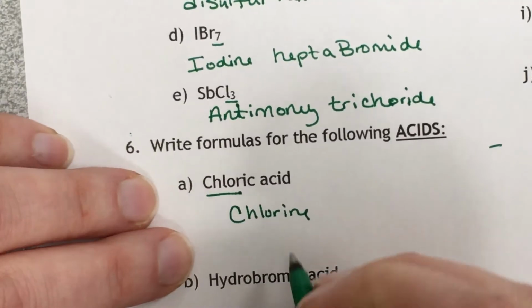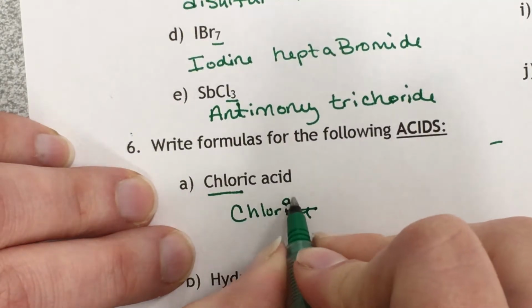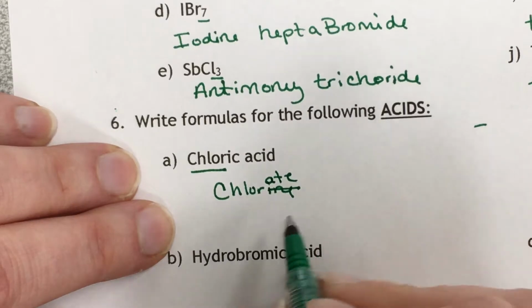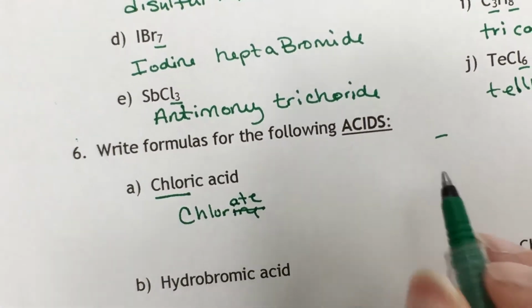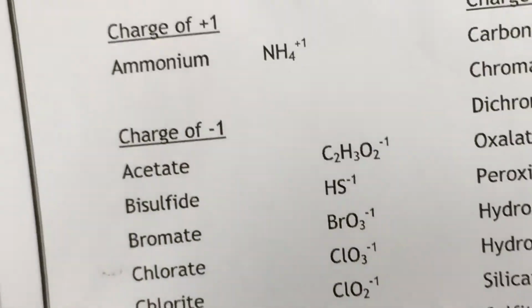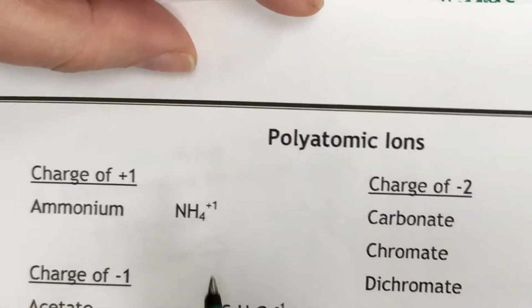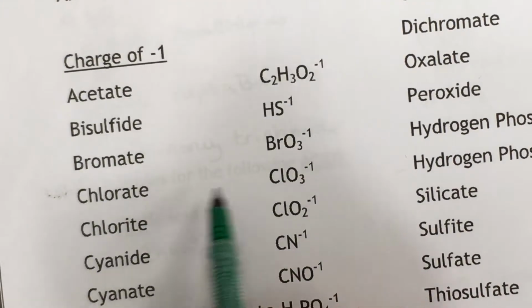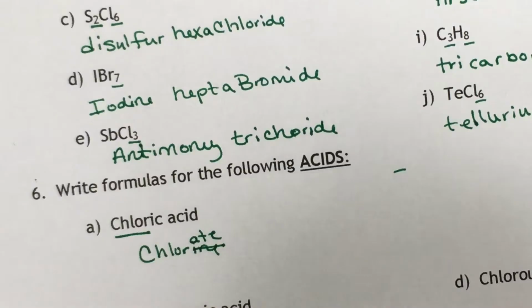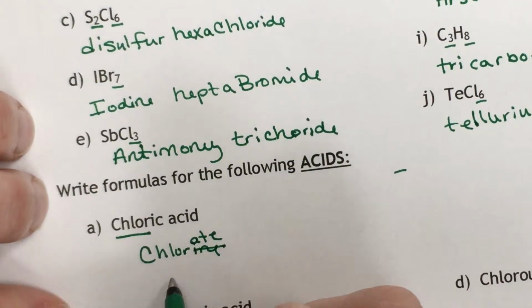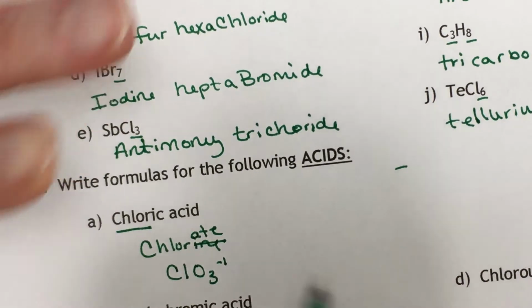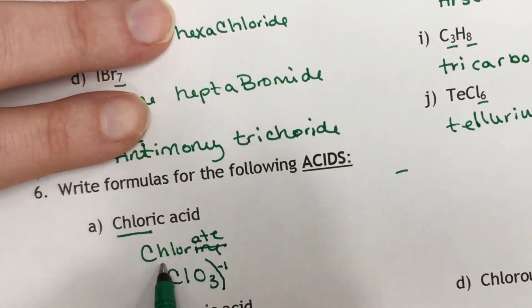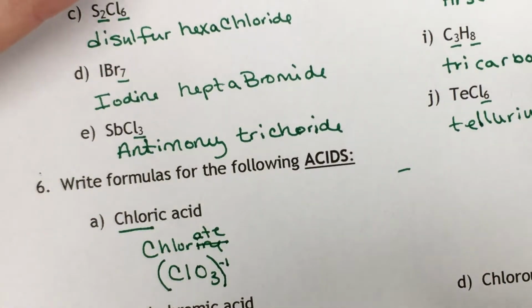So we have chlor, and the ending was ate, okay? So it was chlorate. So now what you need to do is find out what chlorate is. If you look on your polyatomic ions list, chlorate is here, ClO3 with a -1 charge. So that's how you find out what anion we are dealing with.